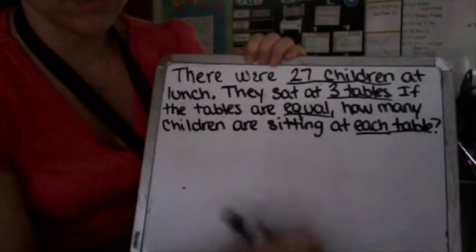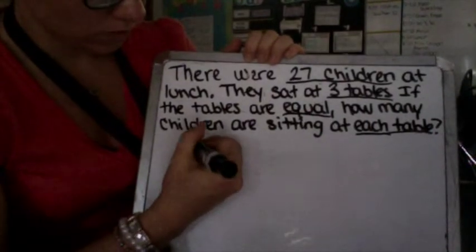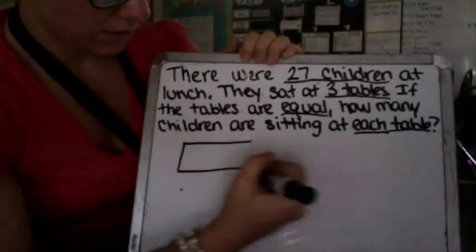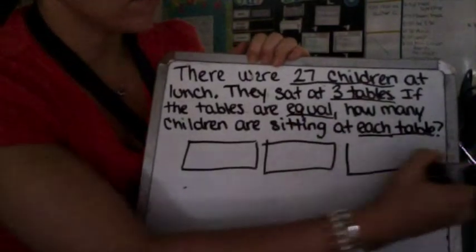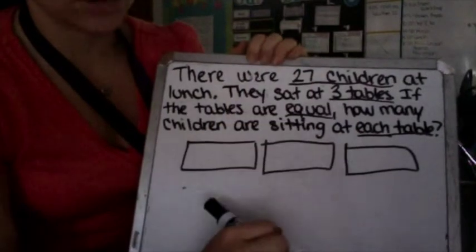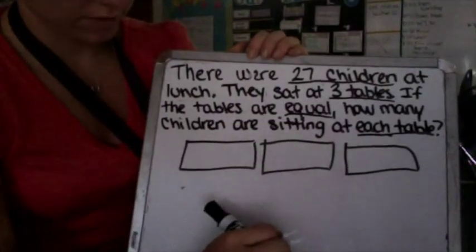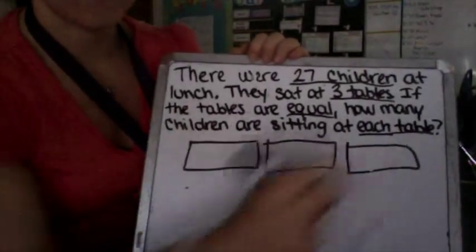So I'm going to go through and think about my model now. I know I have 3 tables. 1, 2, please draw this model with me, 3. I know how many children I have. I have 27. What I don't know is how many to put inside.